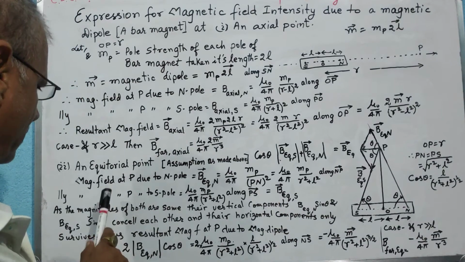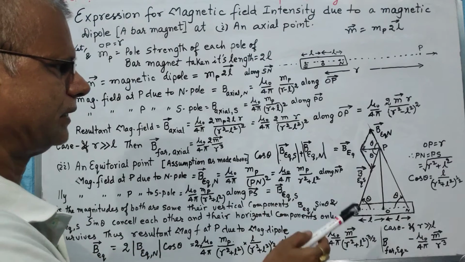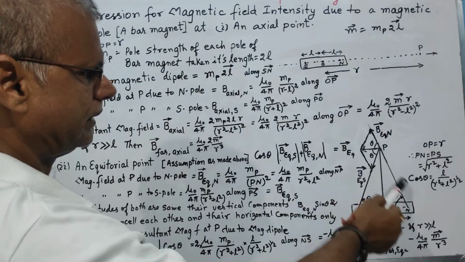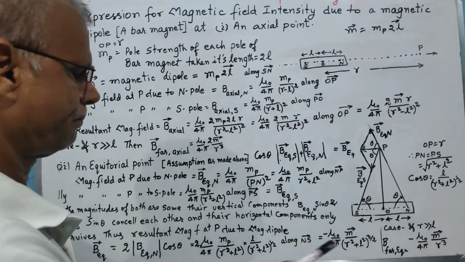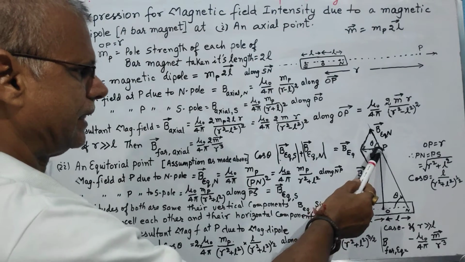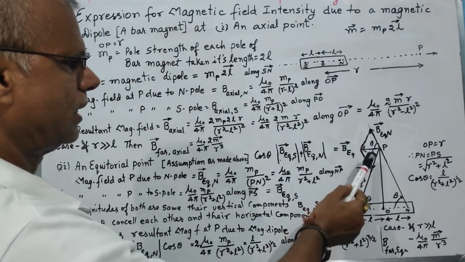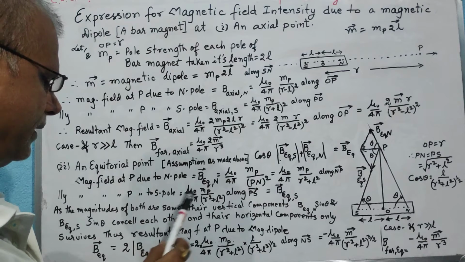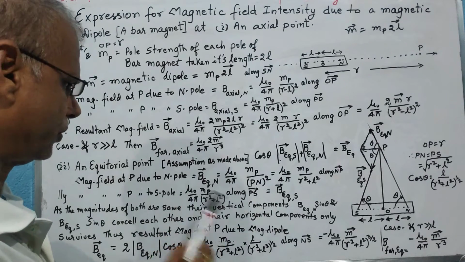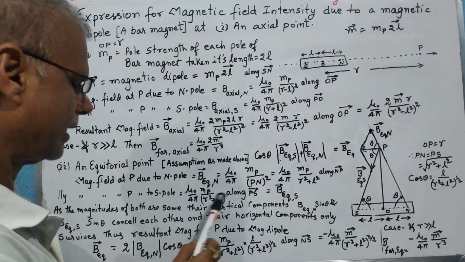Now similarly, the magnetic field due to the north pole is directed along N to P. In the same fashion we can find the magnetic field intensity at point P due to the south pole, and that will have the magnitude mu 0 by 4 pi, a constant, times mp divided by the square of the distance.